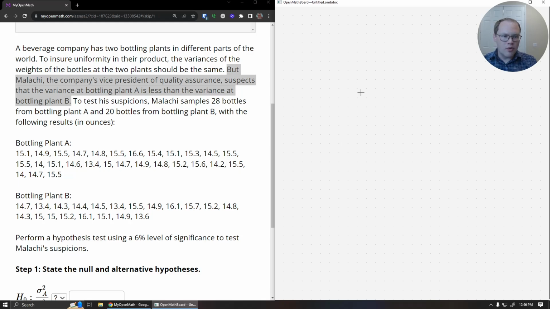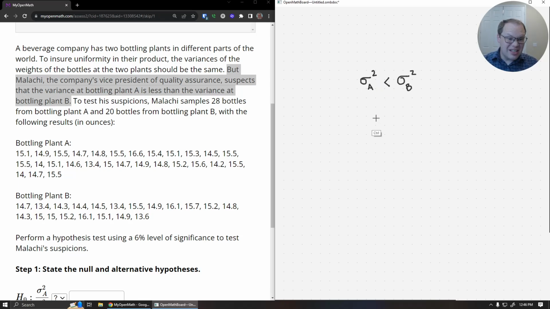Okay, so variance at bottling plant A, that's just the standard deviation at bottling plant A squared. That's the variance at bottling plant A. Malachi suspects this is less than the variance at bottling plant B. So that's the standard deviation of bottling plant B squared.